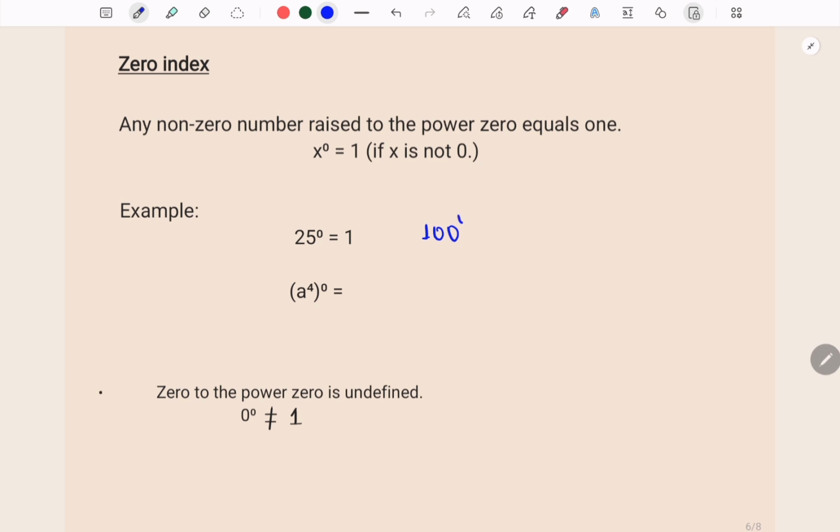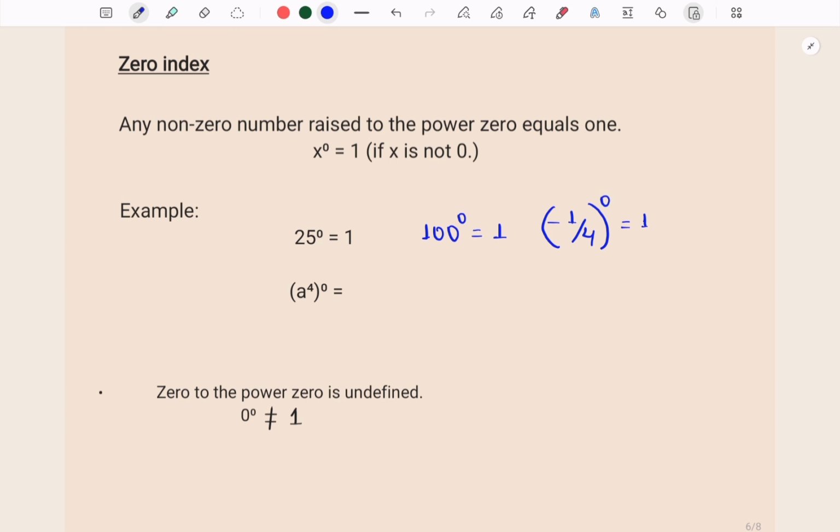So 100 raised to the power 0 is also 1. What about negative 1 divided by 4? Negative 1 divided by 4 raised to the power 0 is also 1. So any number that is not 0, if you raise the power 0 to it, it will give a value 1.